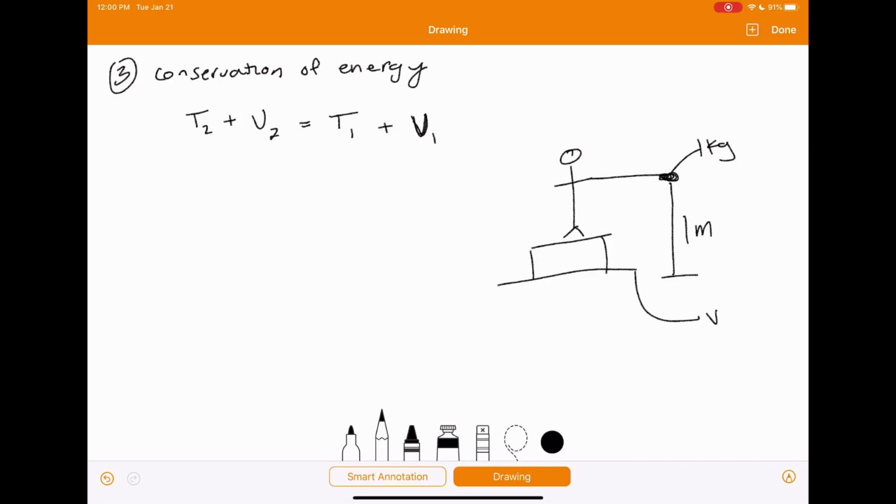So we can just take this, so we can call this position 1, and the ground is being position 2.